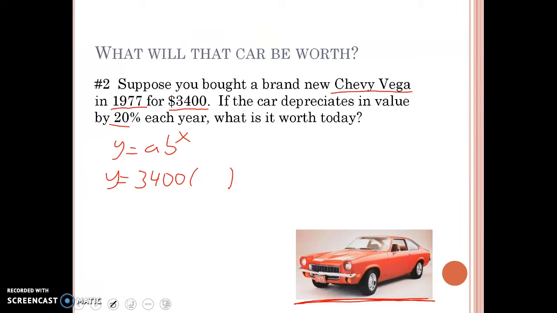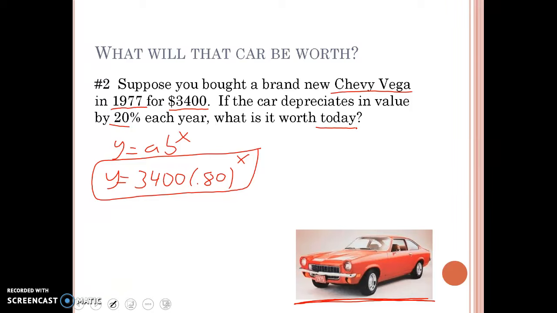So if it loses 20% of its value, it retains 80% of its value every year. So we're going to multiply by 0.80 because that's how much of the value of the car is kept from 1 year to the next, to the x power. Here's our function.